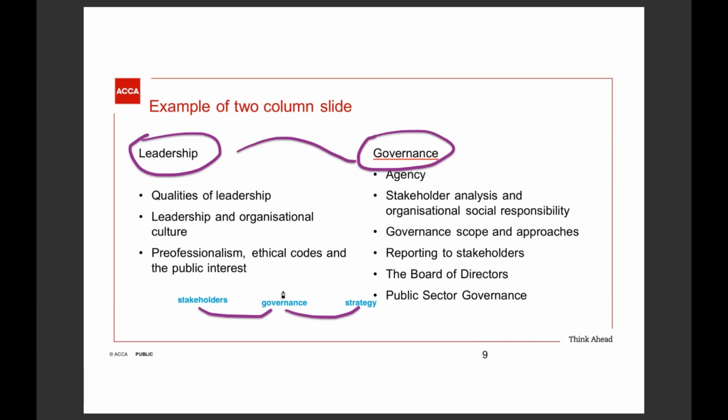So indirectly, this leader must possess the necessary qualities to ensure that they are able to build up a good culture in the organization. You wouldn't want leaders who teach their subordinates or employees unethical conduct.